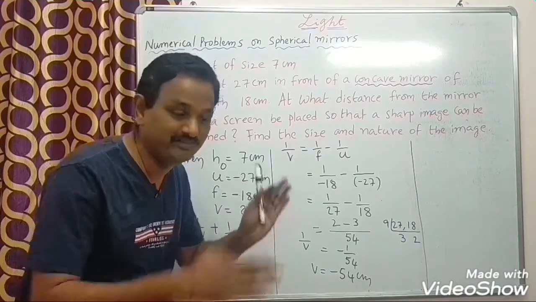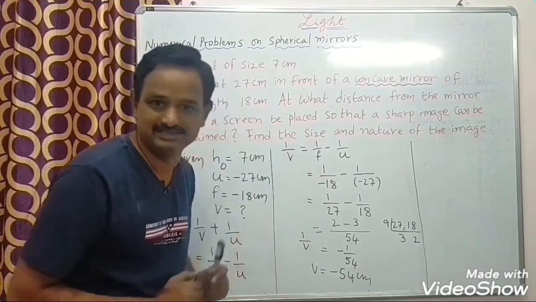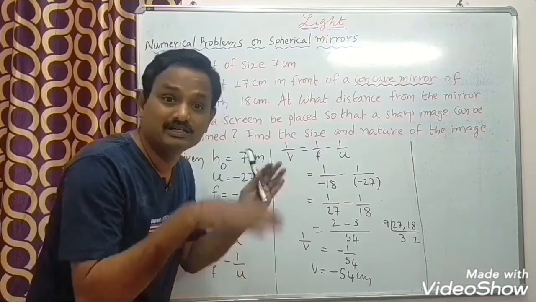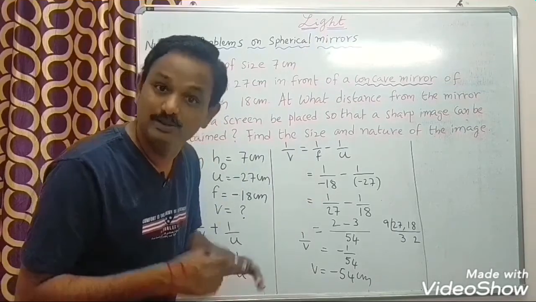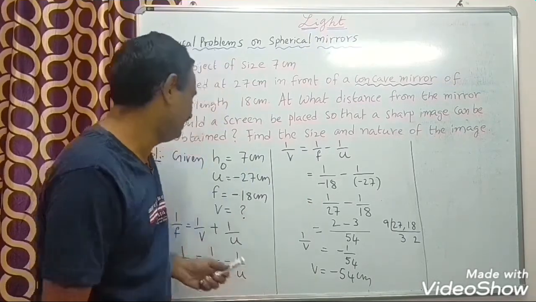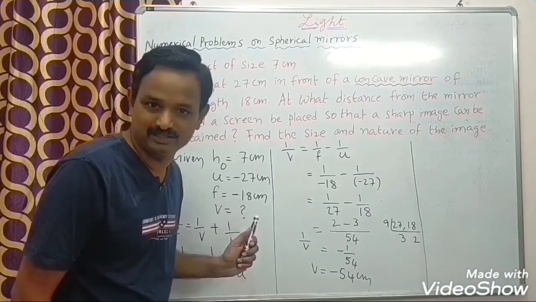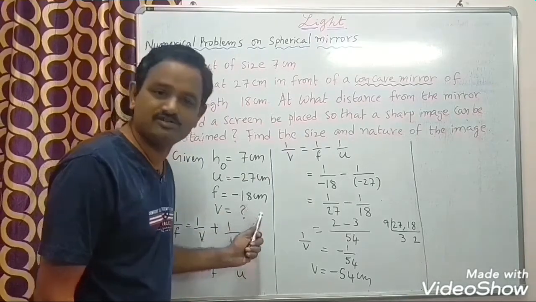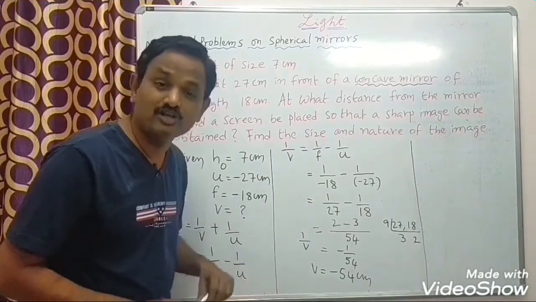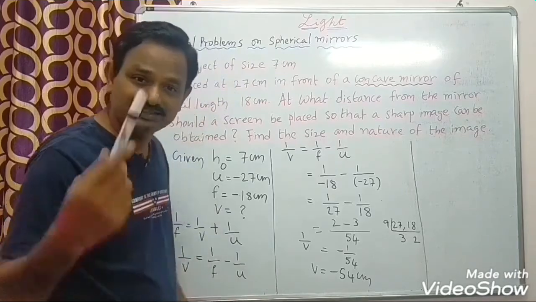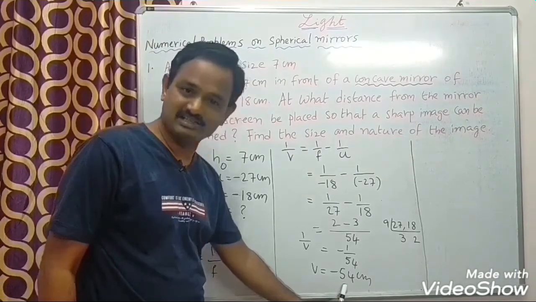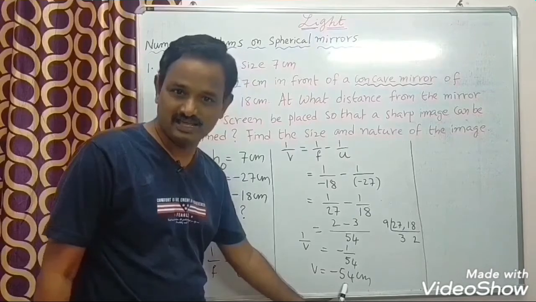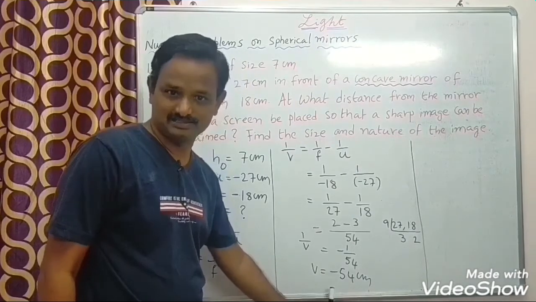So the object is between 18 and 36. When the object is between focal length and center of curvature, the image should be formed beyond C. Already C is 36 centimeter, so our image should be more than 36 centimeter. Here I got more than 36 centimeter, so I can say I got the correct answer.